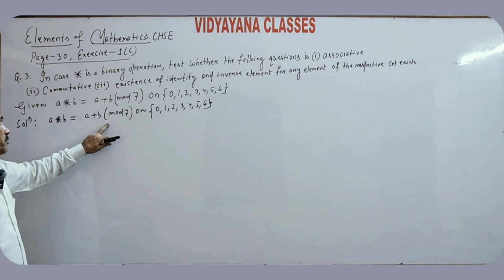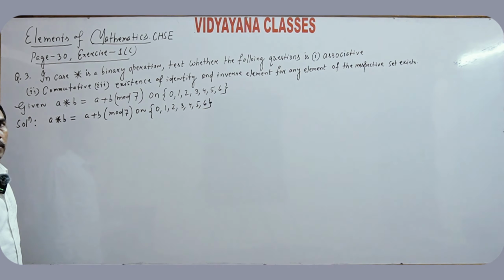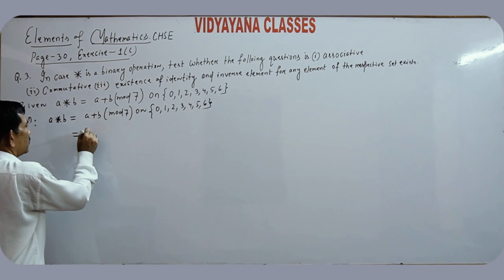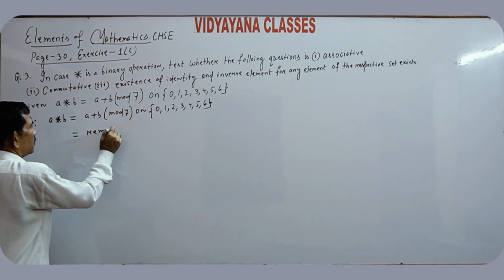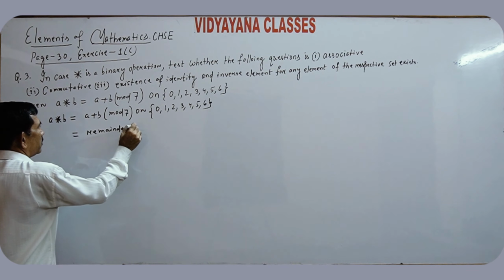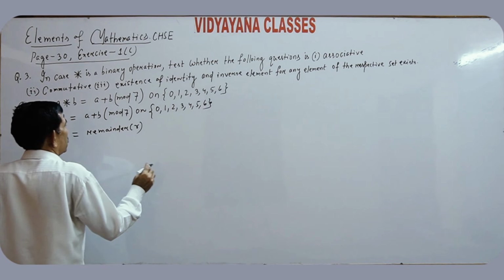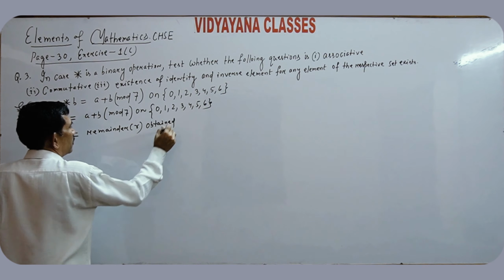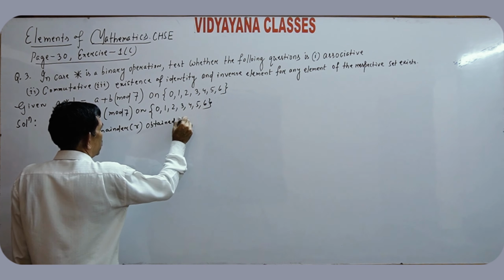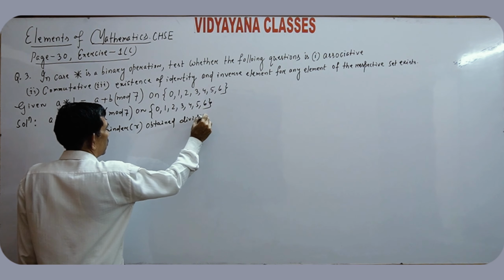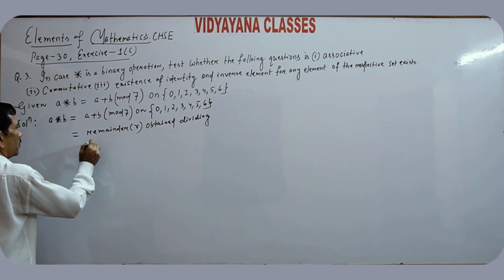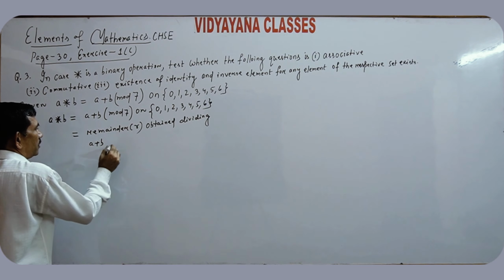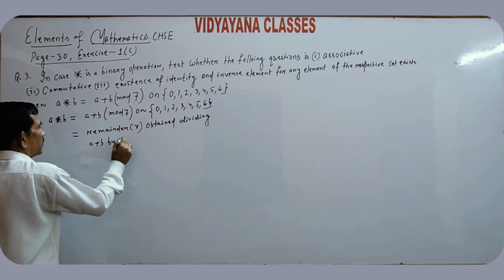What is the meaning of A plus B mod 7? It implies the remainder, that is R, obtained on dividing A plus B by 7.